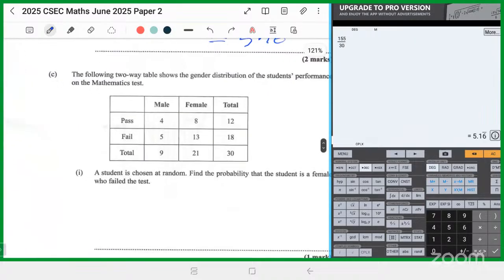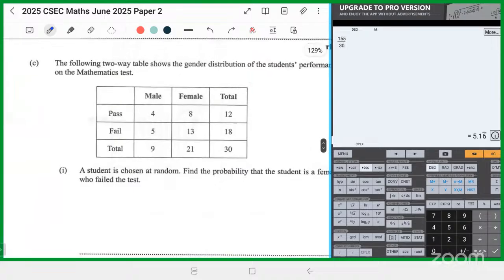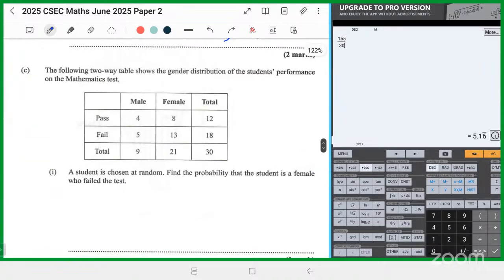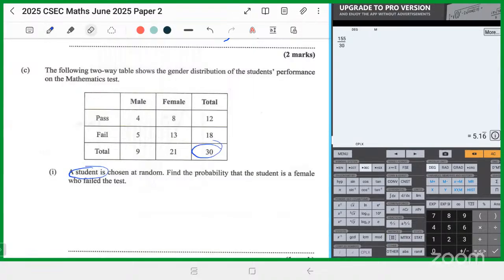Let's continue. This one says the two-way table shows the gender distribution of students performing the math test. A student is selected from everybody. What is the probability that the student is a female who failed the test? So that's the female column, the ones who failed the test.